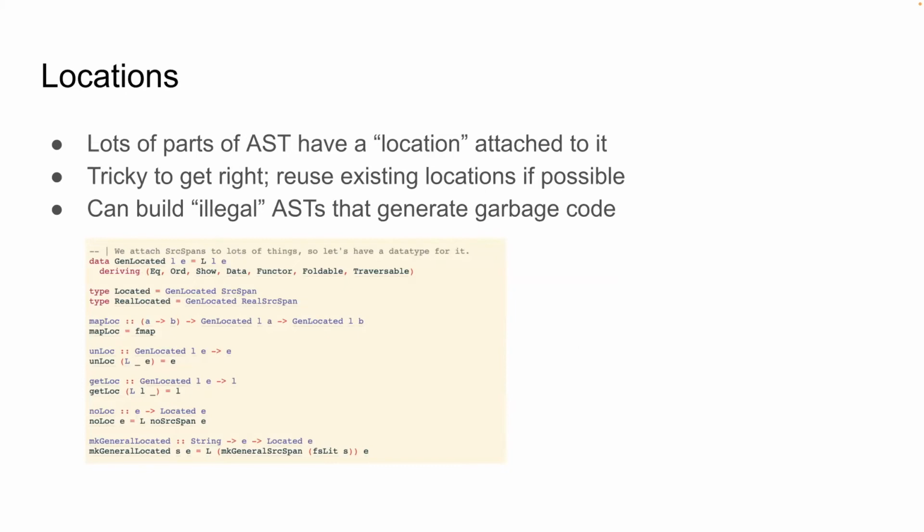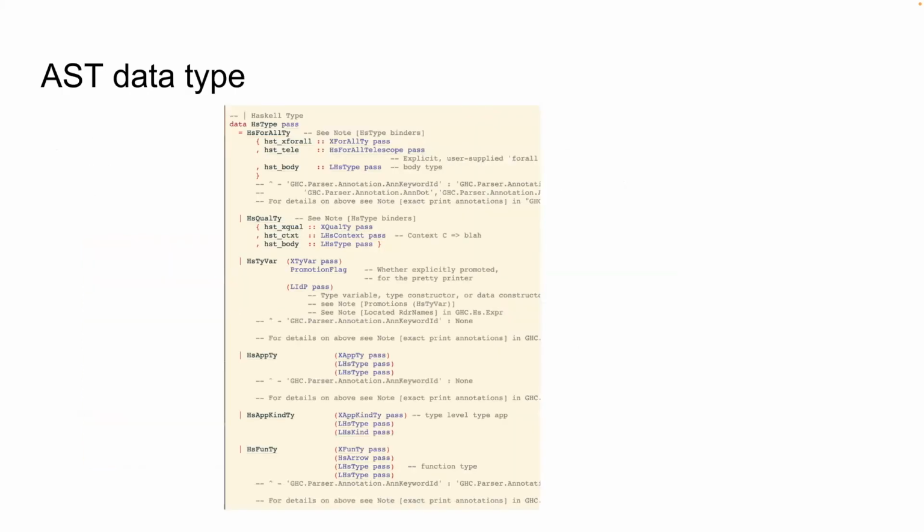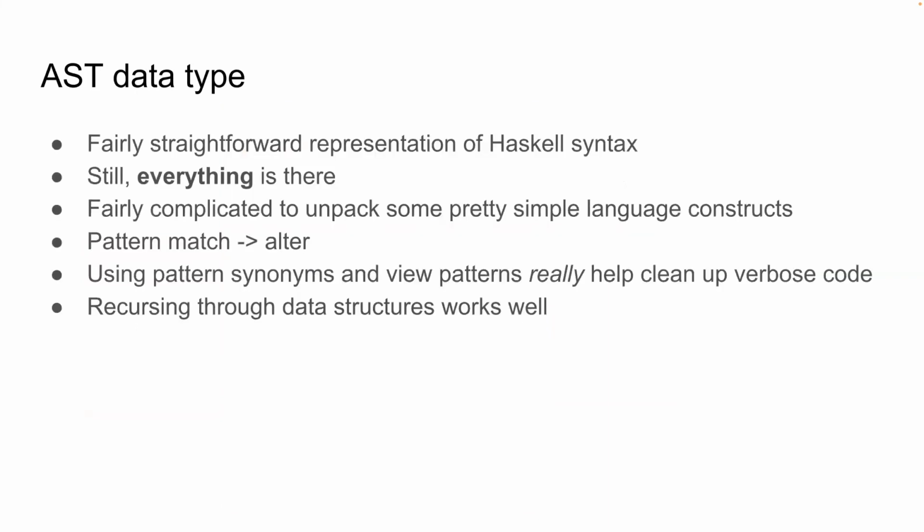Just transforming the AST data type, again, is straightforward. It's really a lot like what Mitchell just presented, the code he wrote by hand for a small language. There's more to it, but not all that much more. It's fairly straightforward, so everything is there. A very simple expression is a lot of stuff to go through.